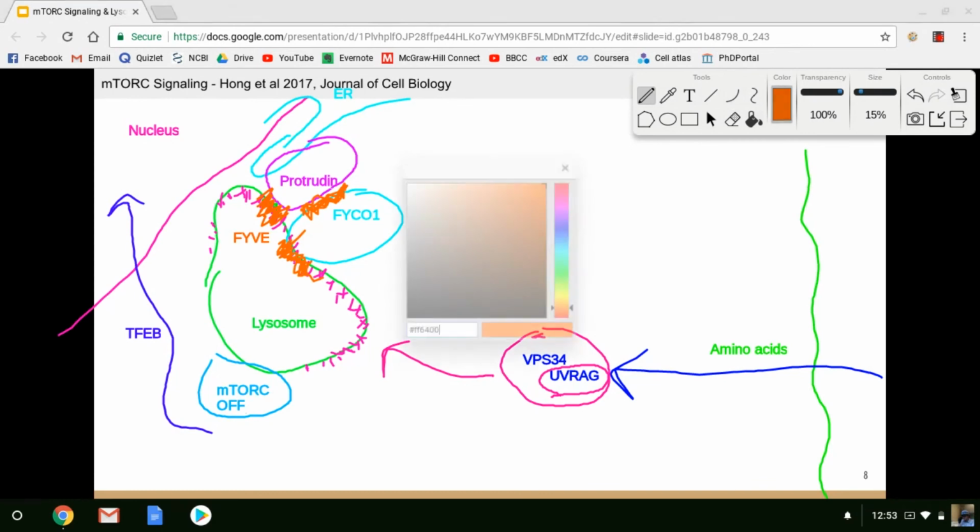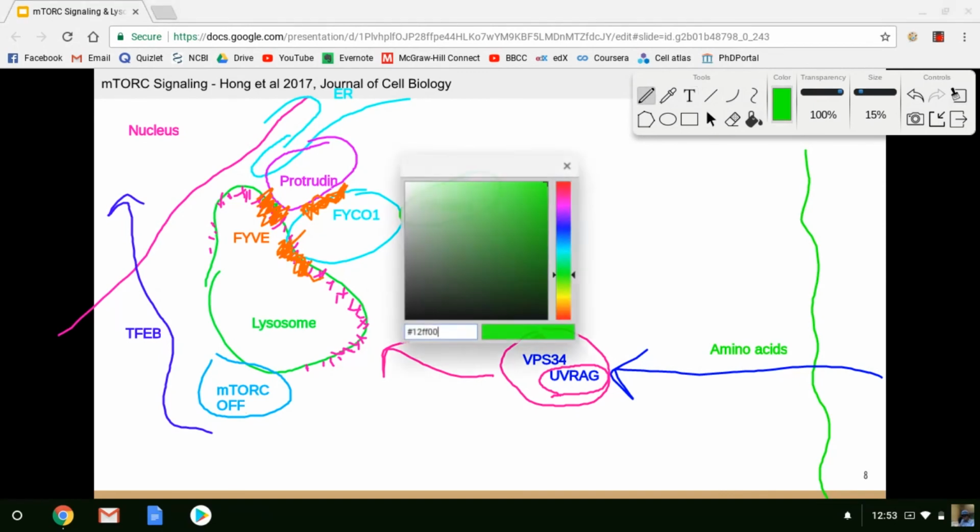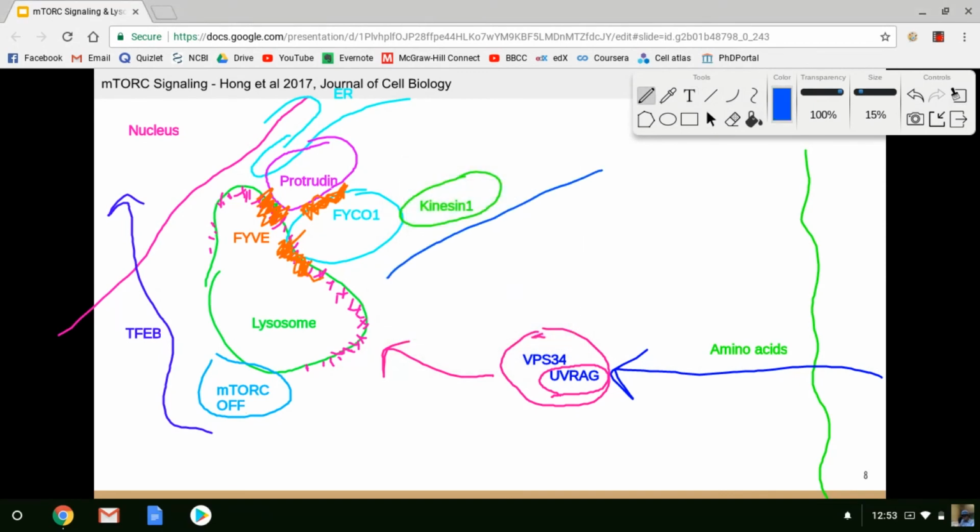And the reason that's important is because FICO1 is a known adapter for kinesin 1. So these lysosomes are being attached onto kinesin through FICO1, and this allows the anterograde transport via microtubules.